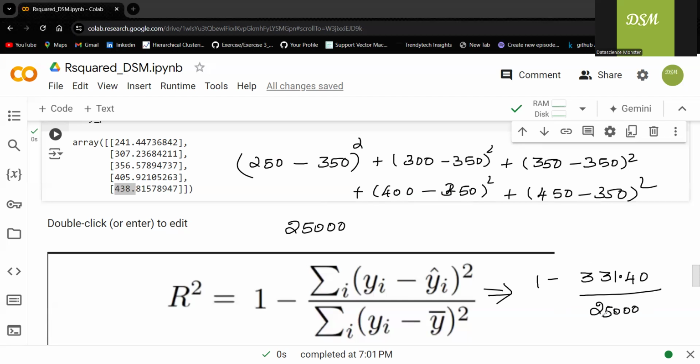So now please calculate this one. Exactly. So you would be getting it like 0.9868. Let me know whether everybody gets the same answer.